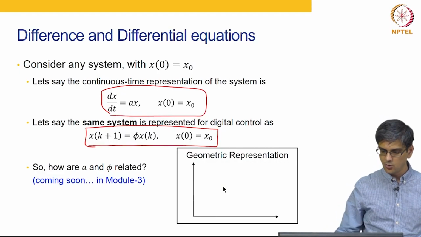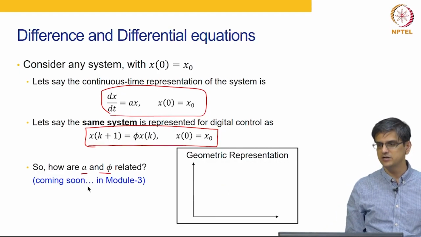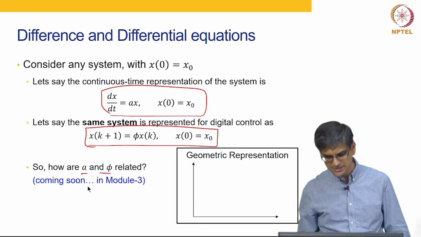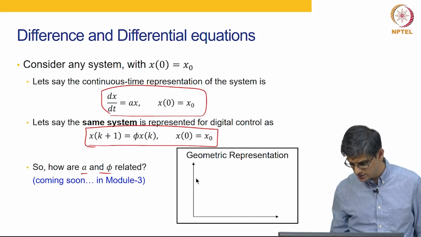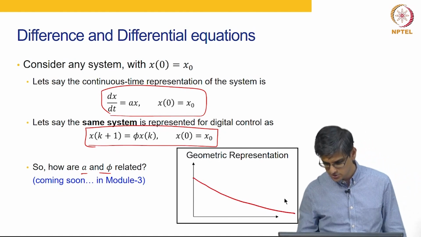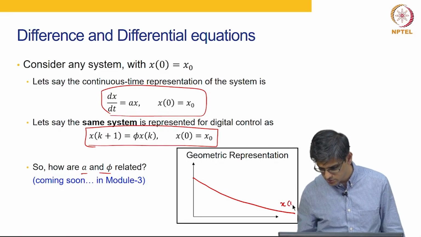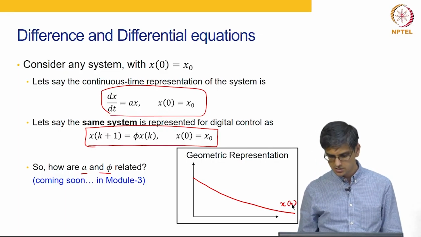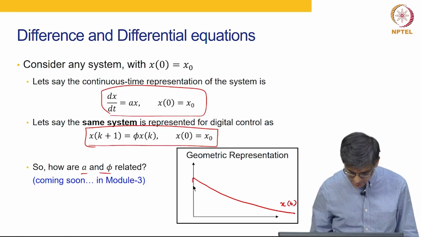Question is, how are a and phi related? So let us say a is a negative value and let us say it starts with x naught, it is going to decrease like this. So this is how xt decreases. How does xk decrease?